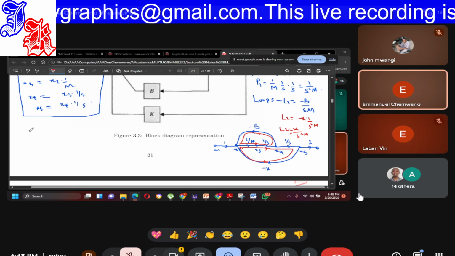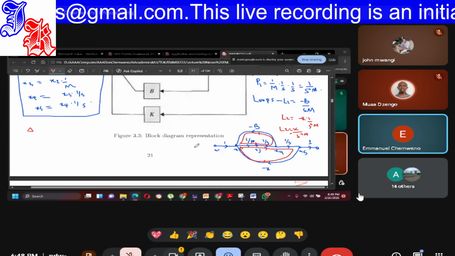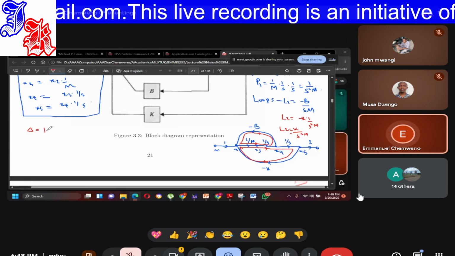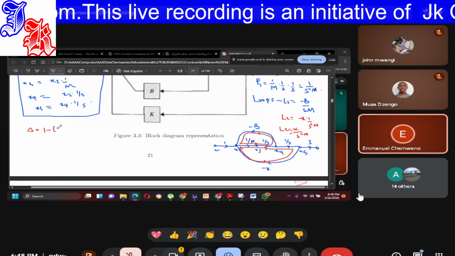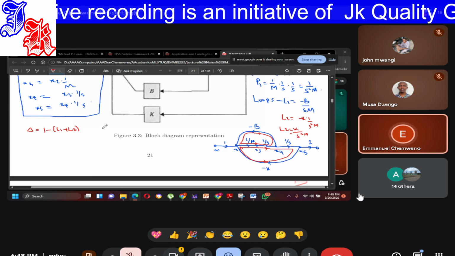Now, these loops touch. The loops share this node and this node. So they touch. So our determinant is 1 minus the sum of individual loops, which is loop 1 plus loop 2. We don't have non-touching loops.